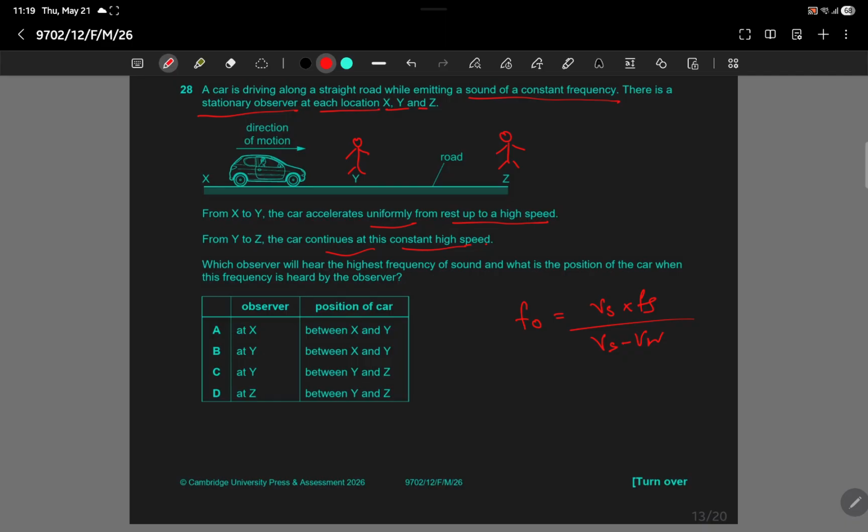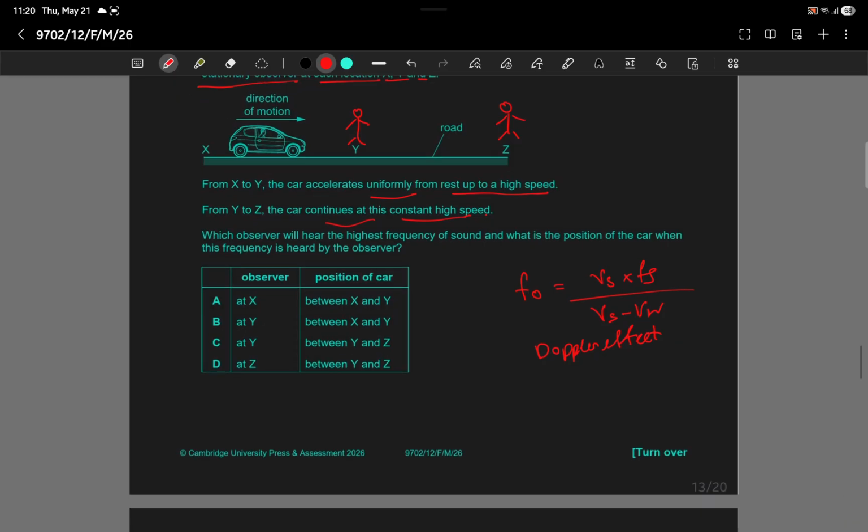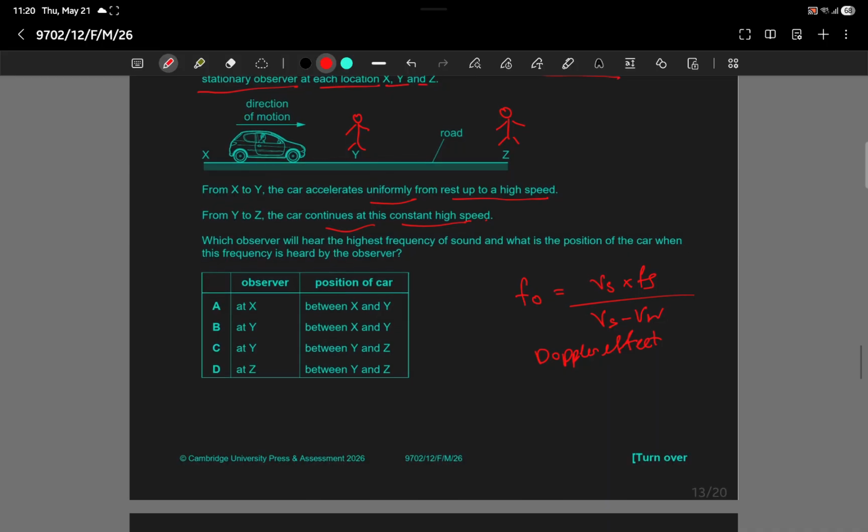So if you use the concept of the Doppler effect, the change in relative frequency is related to the change in speed. So the higher the speed of the car moving towards the observer, the higher the frequency.